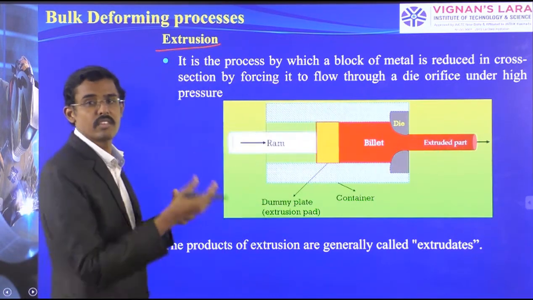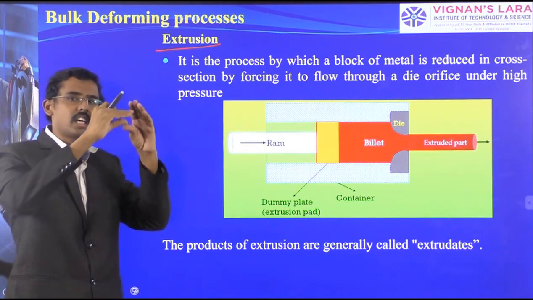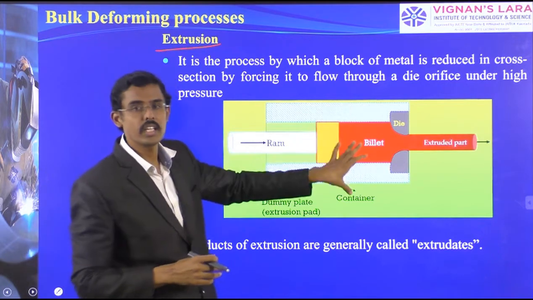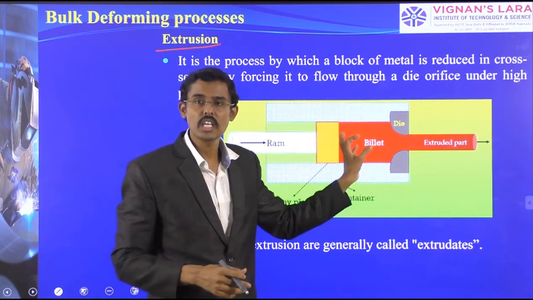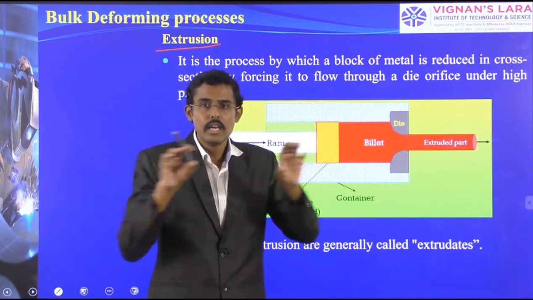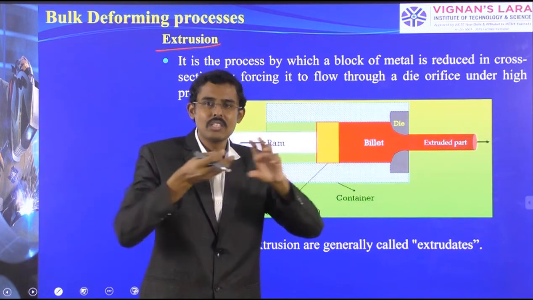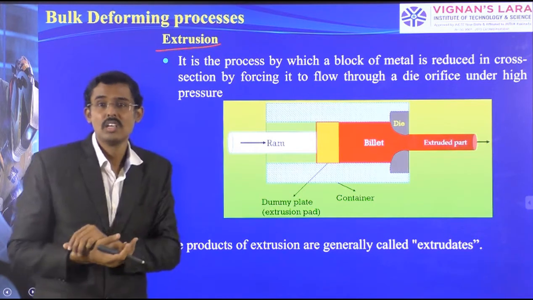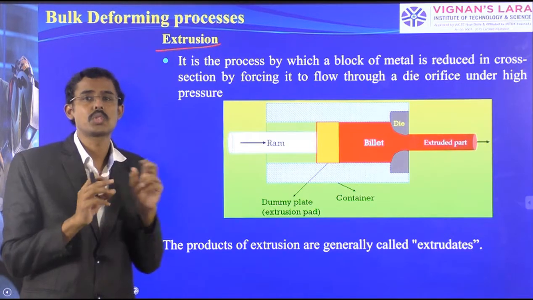Before, we converted plates by thickness reduction, but here we are converting a large material into billets, and billets are converted into tubes, bars, round cylinders, or aluminum panels and frames, as we have seen. Those things we make by the extrusion process.